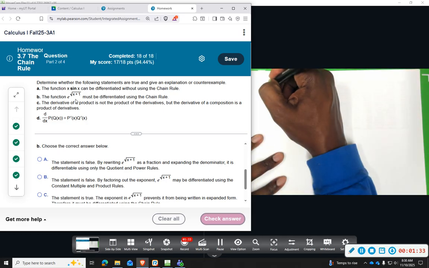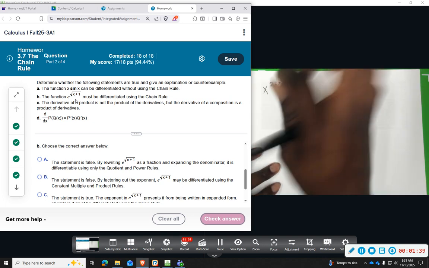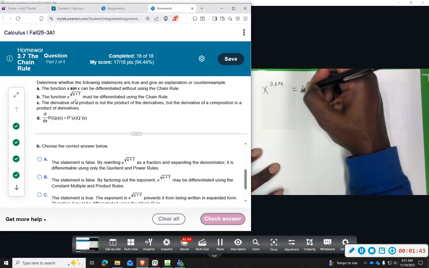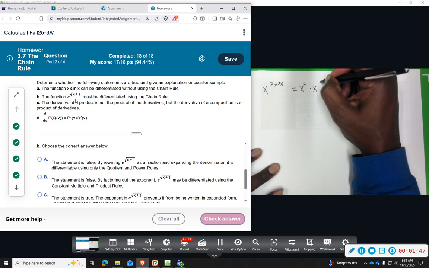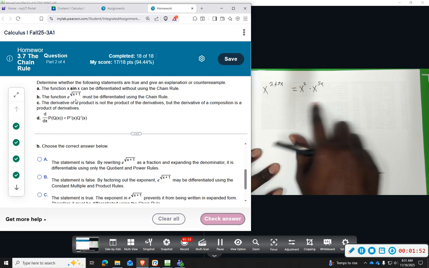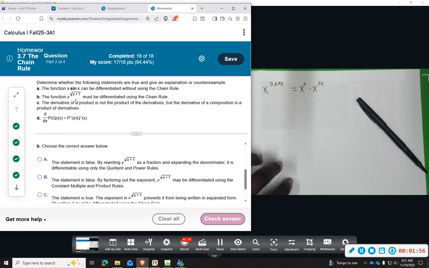For example, if I had x squared plus 5x, according to the property, you can separate this. And you can do like a product rule using a power rule, but you can't separate this because it's in a grouping symbol. So you would have to use a chain rule for sure.